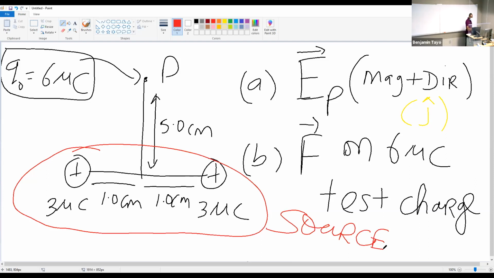The force will be Q naught times the electric field at that point, where Q naught is this charge right here, the 6 microcoulomb charge. Do we use the hypotenuse to calculate the distance between the source charge and the test charge? Yes.